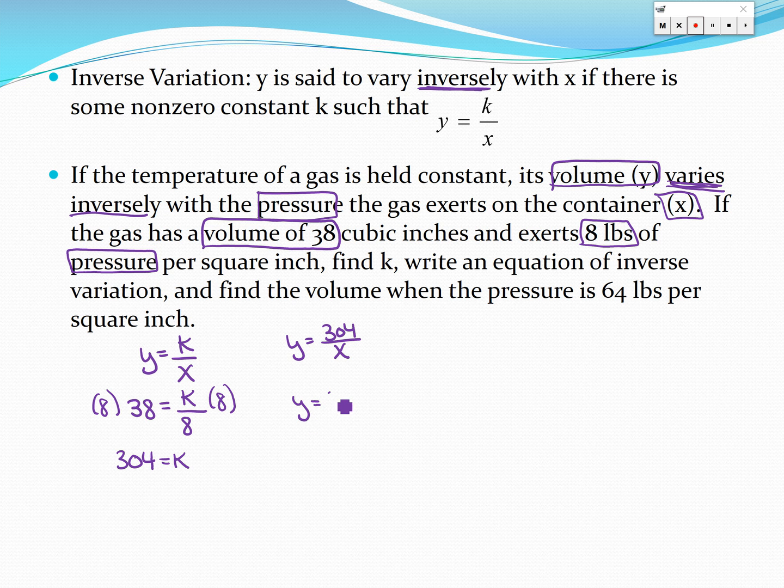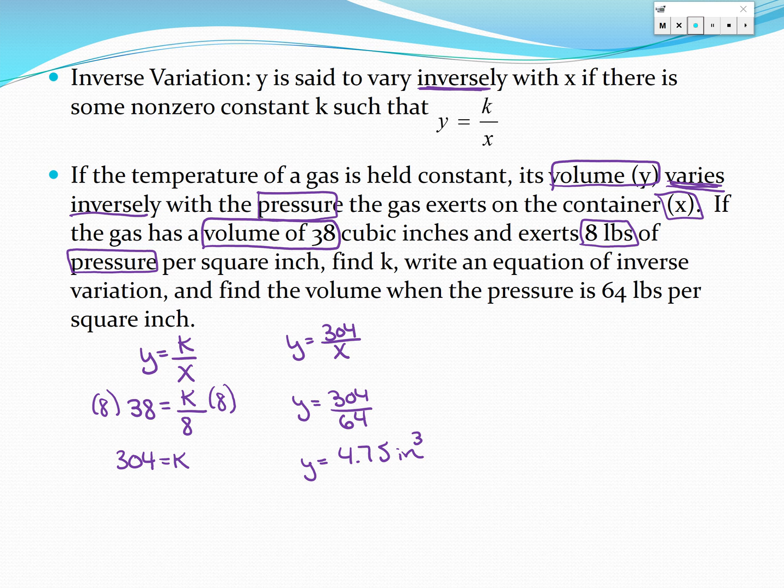So y equals 304 divided by 64. We get y equals 4 3/4 inches. But remember, our y is volume, so it's inches cubed. I will be looking for correct labels when it comes to application questions.